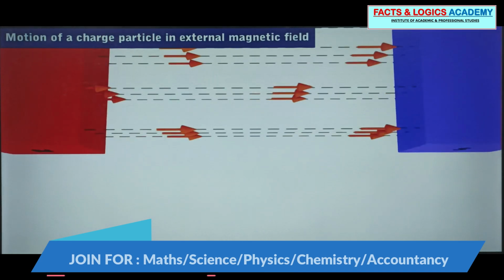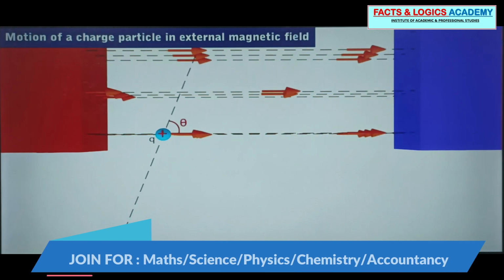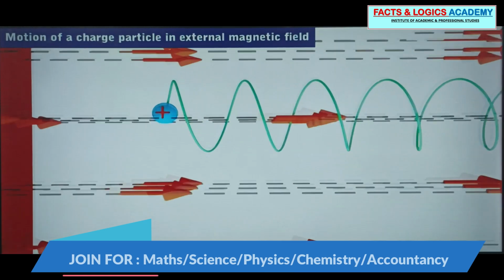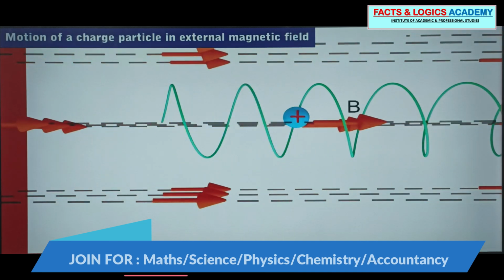Now, consider that the charged particle is projected at an angle theta with a uniform magnetic field, which is anything other than 90 degrees. In this case, we need to resolve the velocity into two components.